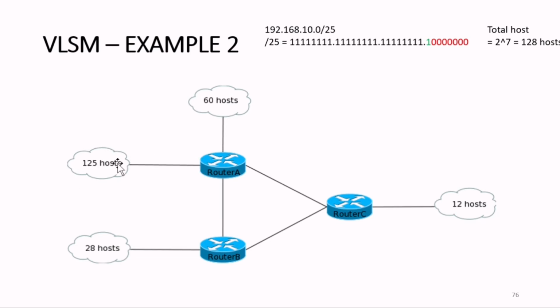For this local network, we have 125 hosts plus the interface of the router here, 126, and need to add another two, which is the network address and the broadcast address, which require 128 IP addresses. So for this, we need to use /25, which is the maximum here.